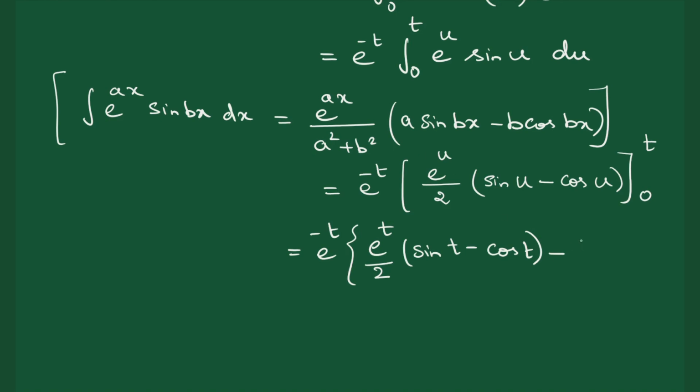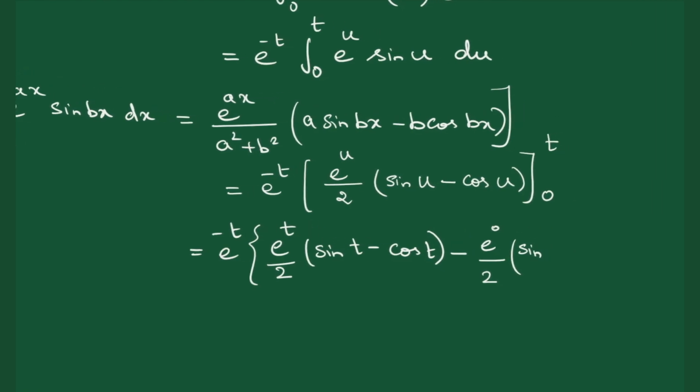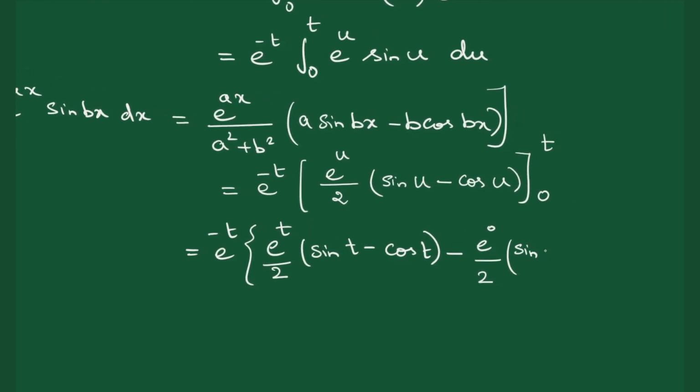So lower limit 0 means e to the power 0 is 1, or if you want I can write it as e power 0 by 2 into sin 0 minus cos 0. That's it. So this is upper limit and lower limit.